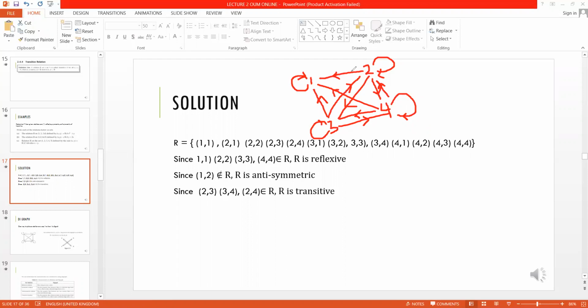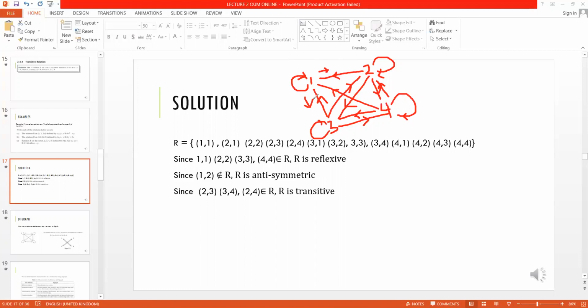But you see, we have 1, 2 violating symmetry. We don't have an arrow back from 1 to 2. In graph theory, we'll say a path from 1 to 2. And similarly 1, 3 also violates symmetry. That is why we call the whole graph an anti-symmetric relation.